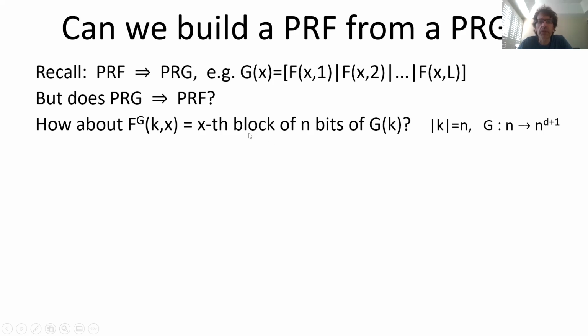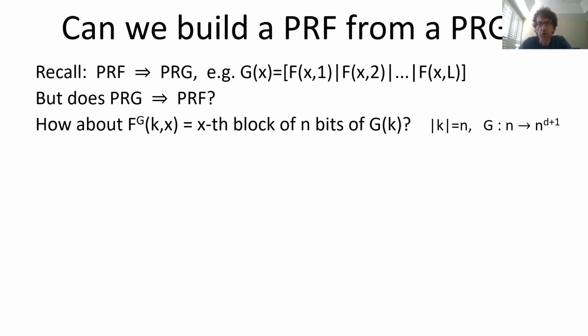So let's say that you have a PRG that is very strong. It takes n bits and creates an arbitrarily long output. Think of d as like fifth or seventh power.